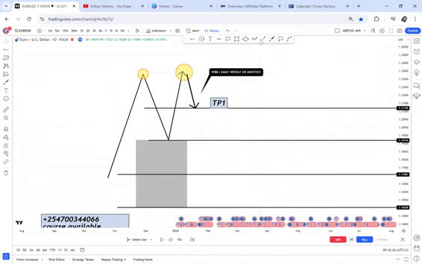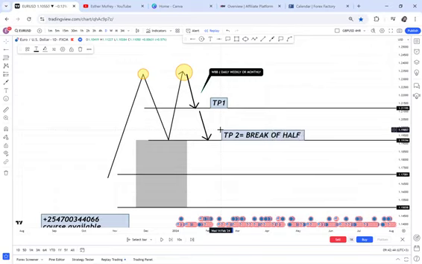In this video, we are now doing TP2. If you want to do TP2, what will you use? For TP2, we'll use something called break of half with a body.